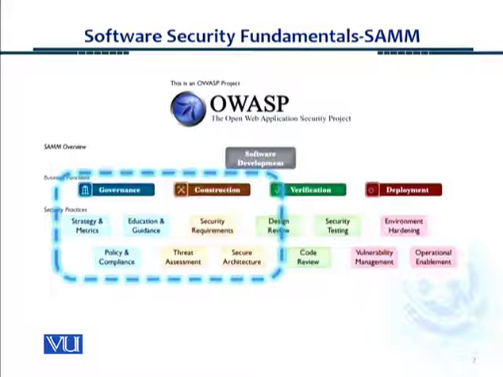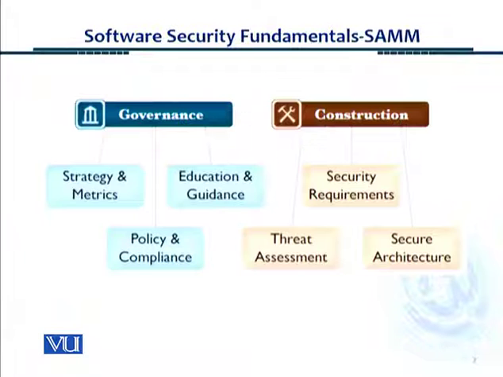For governance and construction, we have a total of 3 security practices each. If we look at them individually, as you can see on the slide, a much clearer view here. Governance has strategy and metrics, education and guidance, and then policy and compliance. And then the next business function has these security practices, which are security requirements, threat assessment, and secure architecture.